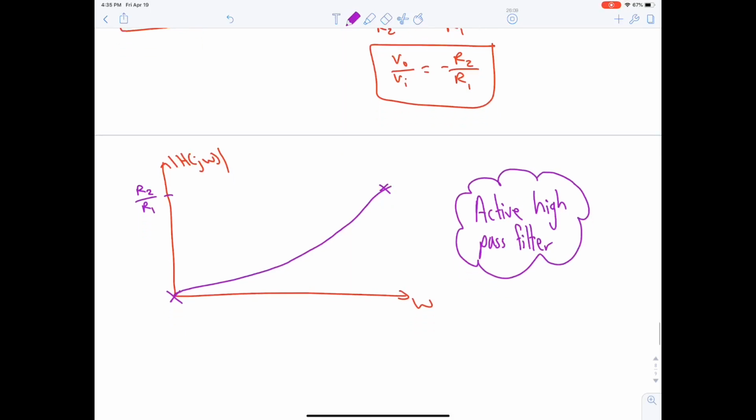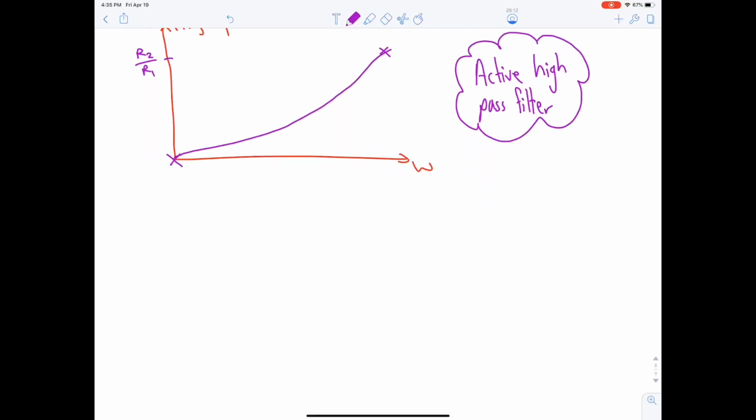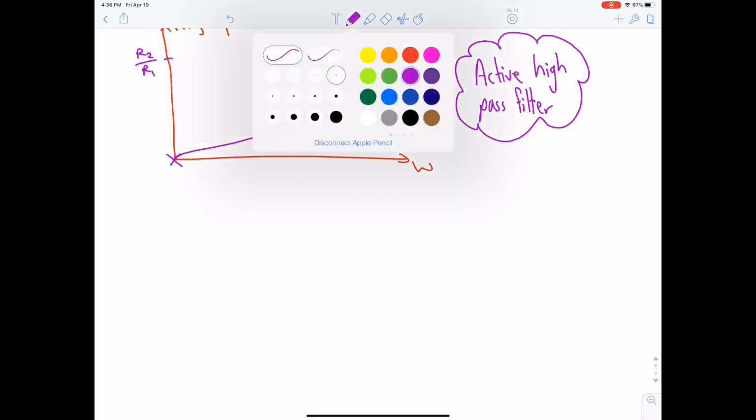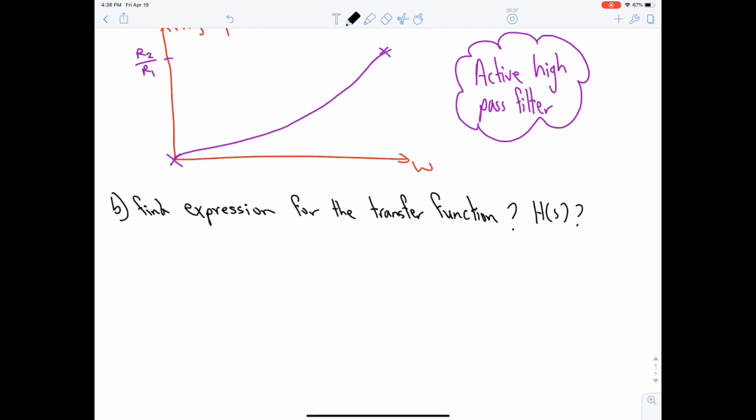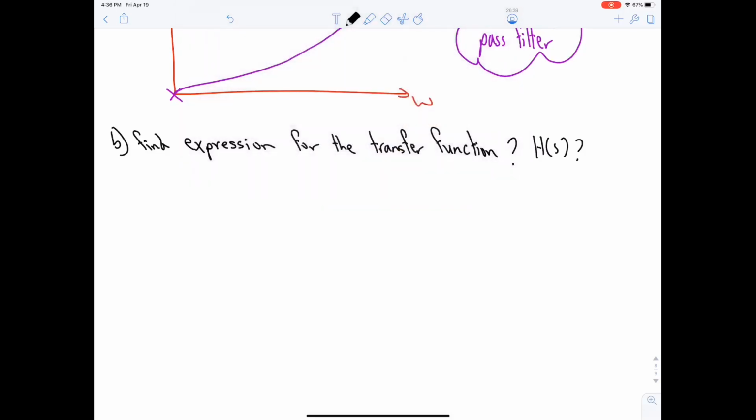Okay, let's now find the transfer function. Let's find an expression for the transfer function, H of S. First, let's draw the circuit again so it's easier to refer to it.